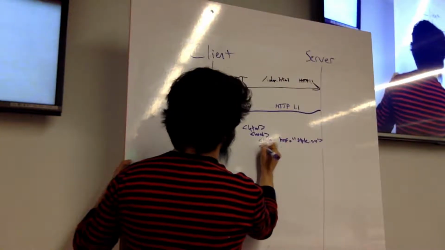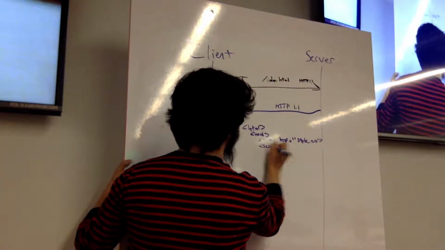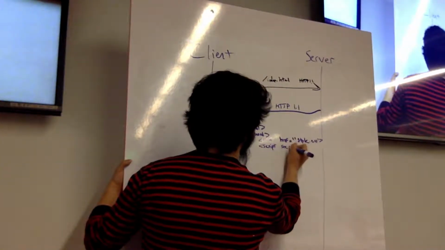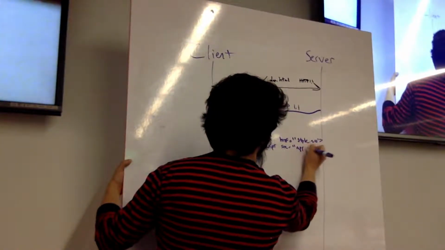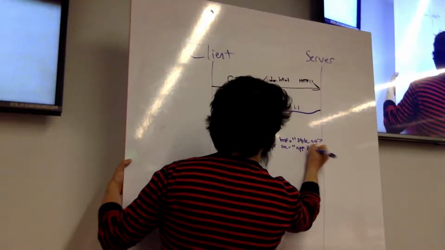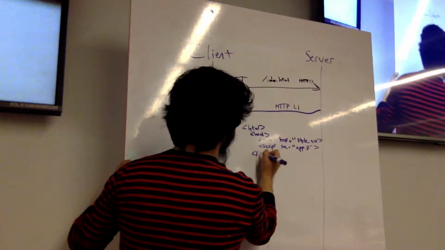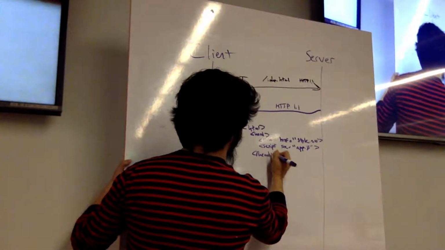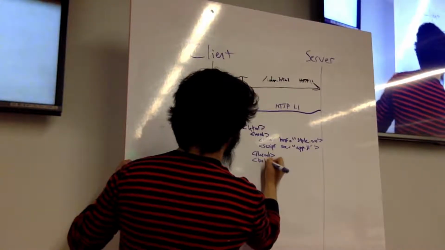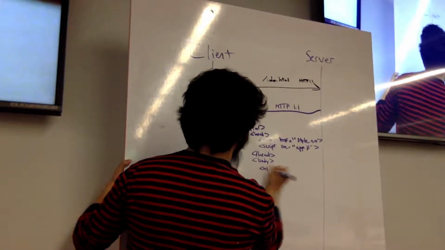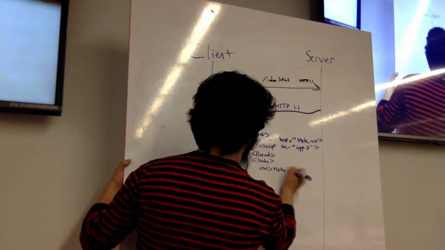And then let's say we have a script, SRC equals app.js. We can close off the head. We have our body. It just has an h1 that says hello.